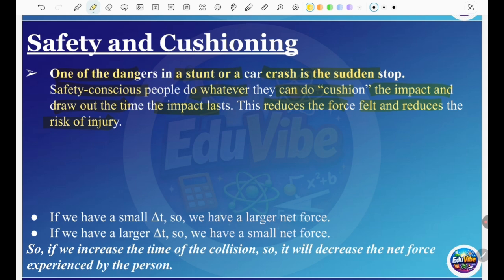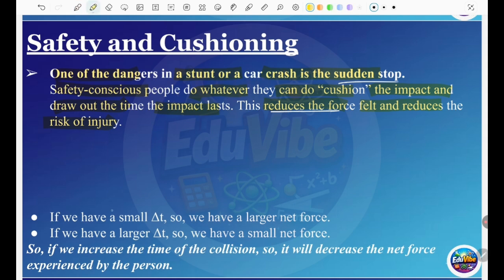So when we have a sudden stop, we are talking about safety: if the force can be reduced, if we can reduce the maximum force, this will be very helpful for the person in that situation.